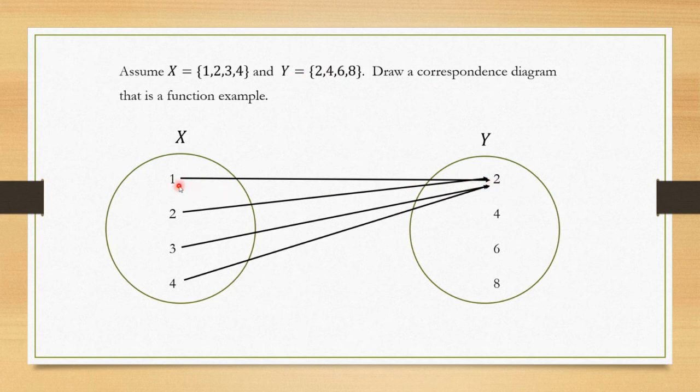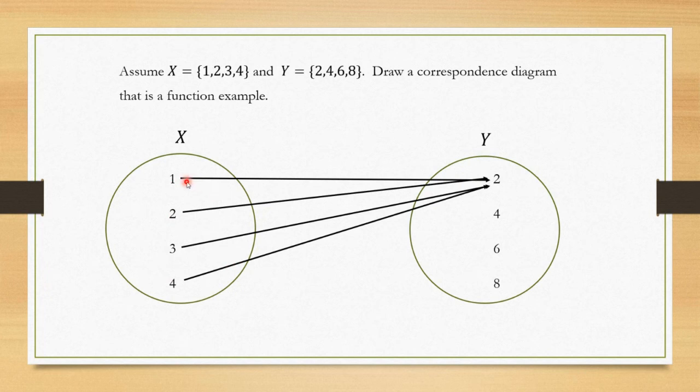In other words, each input can only give one output. So 1 is only giving the output of 2. 2 over here is only giving the output of 2. 3 is only giving the output of 2, and so is 4. So in other words, each input has only one output. I mean, the outputs might all be the same, but that's fine.